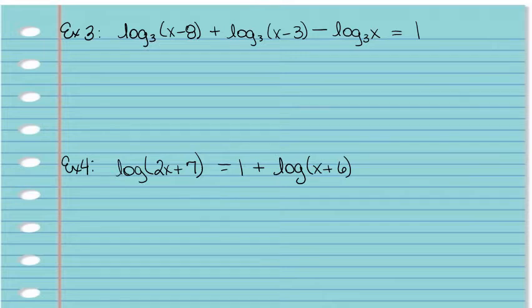Okay, now these are much more complicated than the ones we just did. We have got to condense these logarithms together. There are 3 of them, and we need to condense them so that there is only one. So the addition is going to condense these 2 into multiplication.